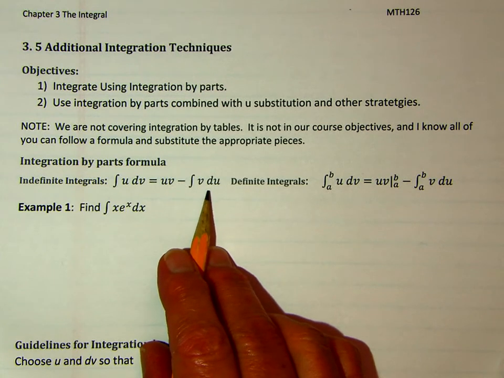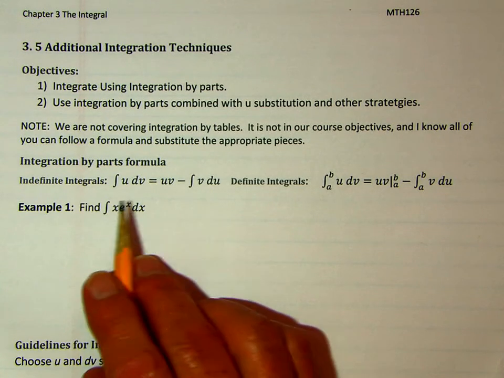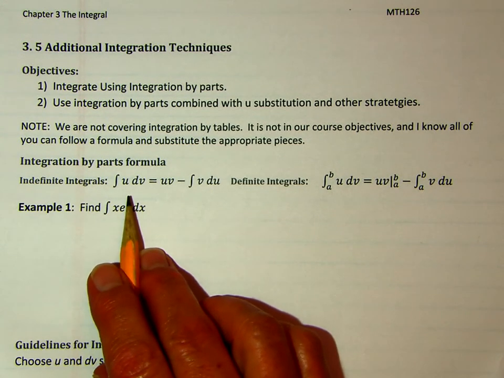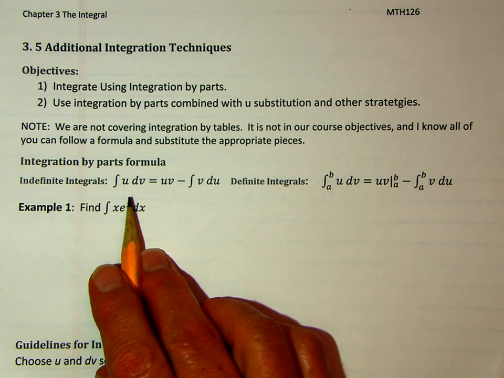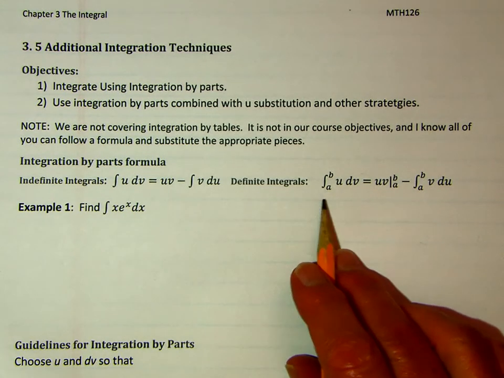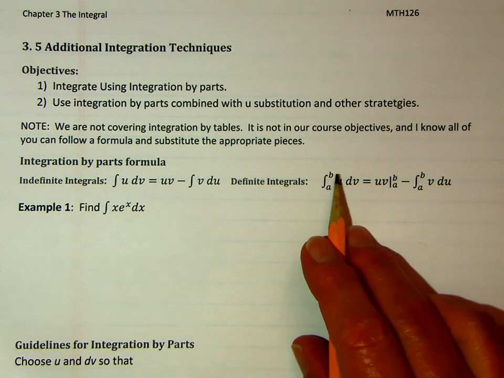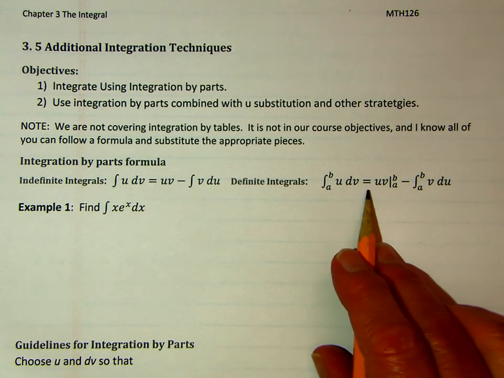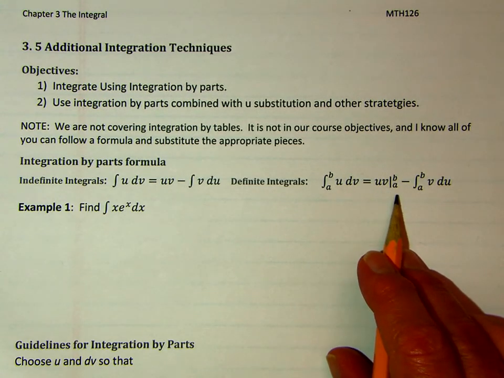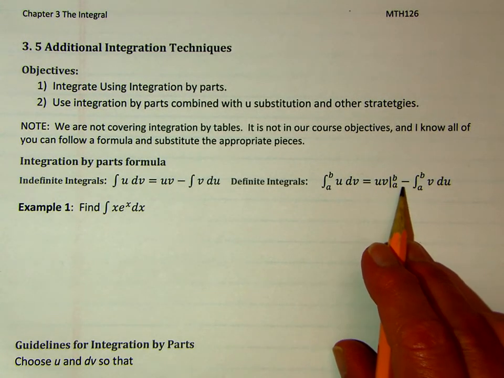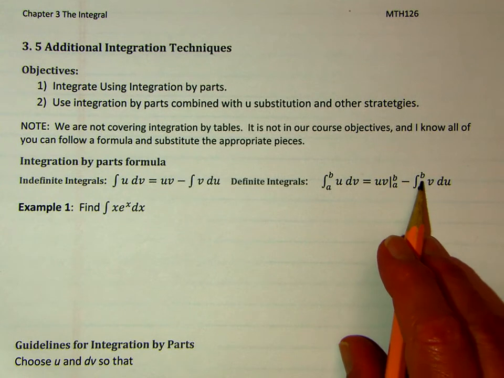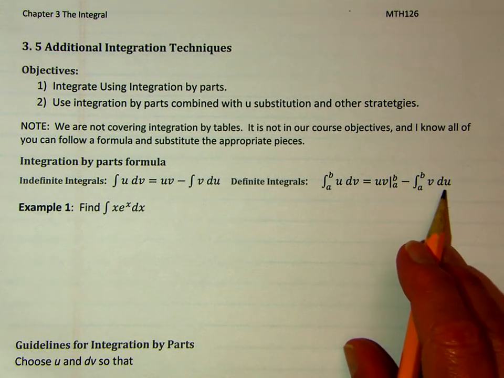The idea is to take something that we can't integrate directly with the formulas we have and cleverly select the pieces so that we can integrate. For definite integrals, the integral from a to b of u dv is uv evaluated from a to b minus the integral from a to b of v du.